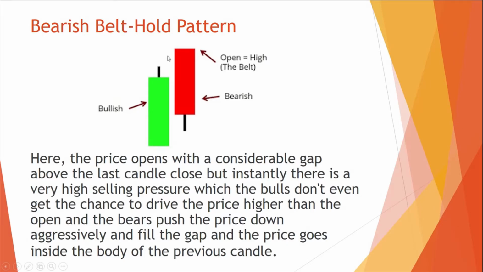So the bulls did not get high enough, and that's why we are getting this marubozu here, and then the bears push the price down aggressively and fill the gap. So we see that the price here goes inside the body of the first candle.